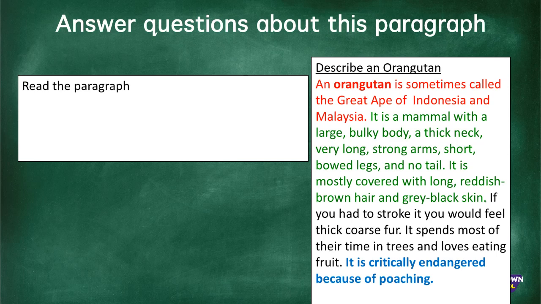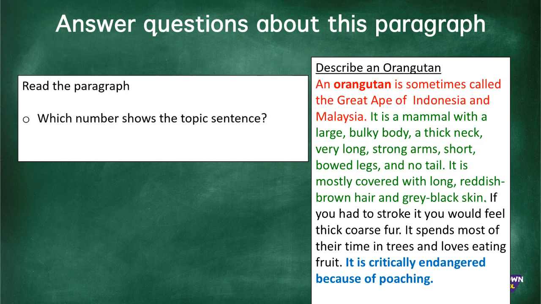It is mostly covered with long, reddish-brown hair and grey-black skin. If you were to stroke it, you would feel thick, coarse fur. It spends most of its time in trees and loves eating fruit. It is critically endangered because of poaching.